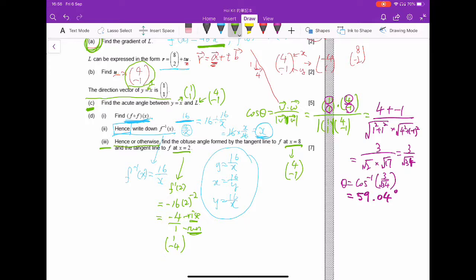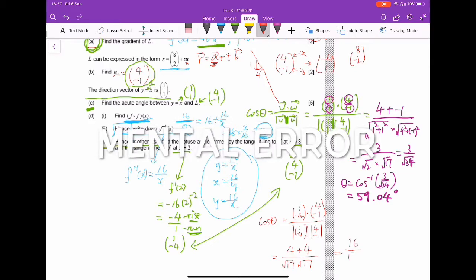And then I can do the same thing. I can do dot products again to find the angle between these two vectors. So again, cosine of the angle would be the vector dotted with the other vector over the product of their magnitudes. The dot product is 4 plus 4, and the magnitudes are root 17 and root 17.